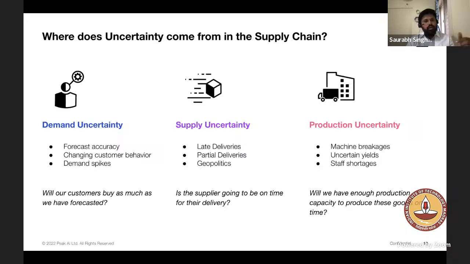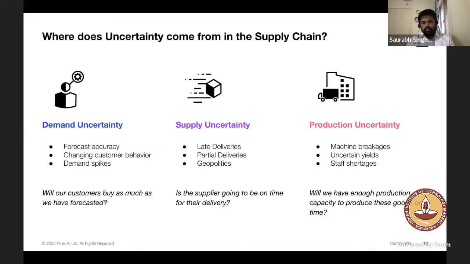That may have trickled down to your overall production capacity, and in turn lead to an unsatisfied customer, because the product which they need for their consumption is not being supplied on time because of the supply uncertainty. And the factor here is geopolitics, right? So there can be several such factors which can affect your supply uncertainty.